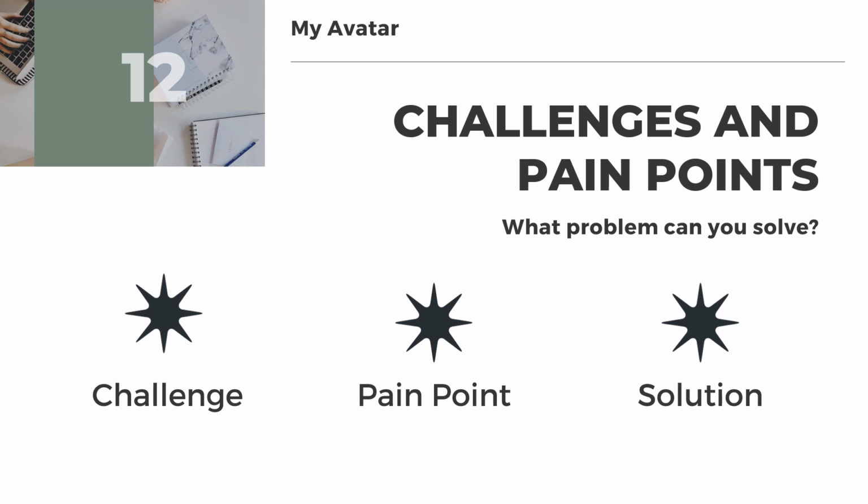The challenge could be lack of motivation, and their pain point could be putting on weight. So you, as an online fitness coach, could provide them with a solution. So knowing exactly what they're struggling with and what pain they're facing on a daily basis can help us determine exactly how we can help them.